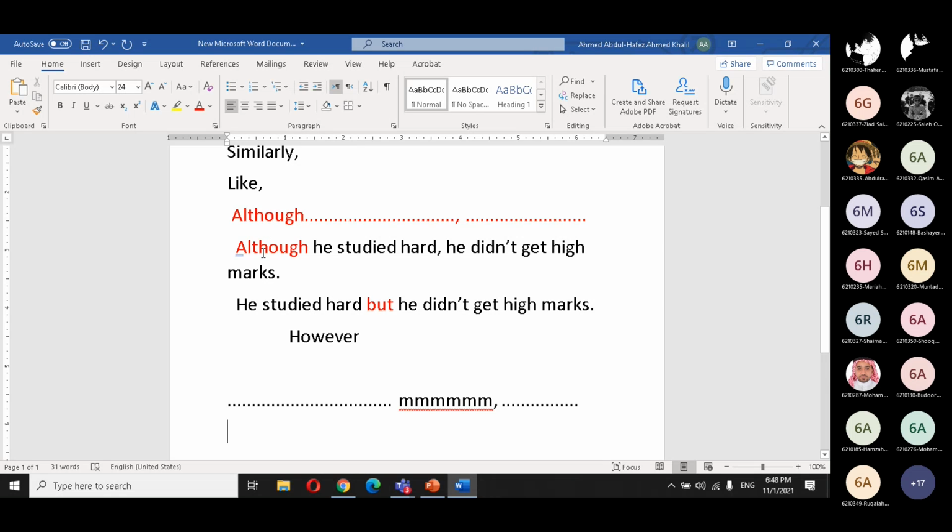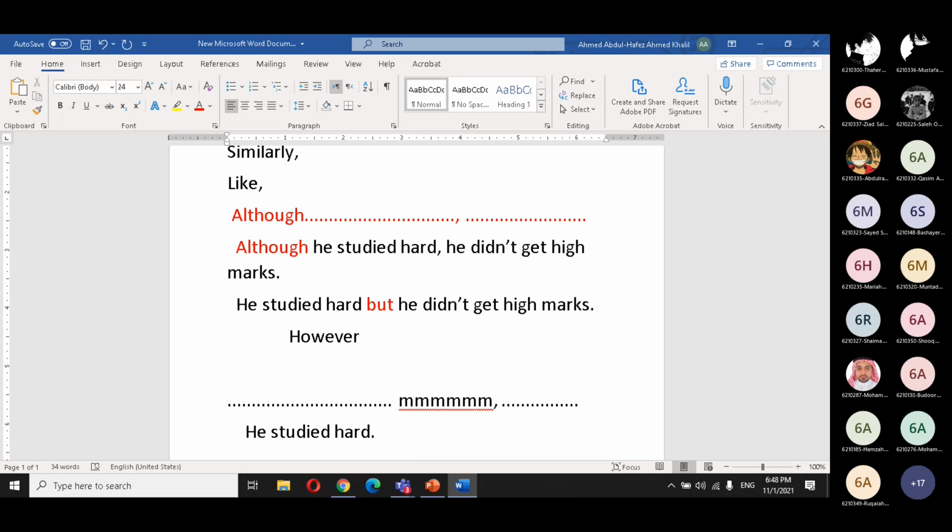You put although at the beginning, you put the first sentence, comma, and then the second one. But you use but in the middle between the two sentences because but joins two simple sentences. However, if I want to use however, I write the first sentence: He studied hard. And put a full stop.